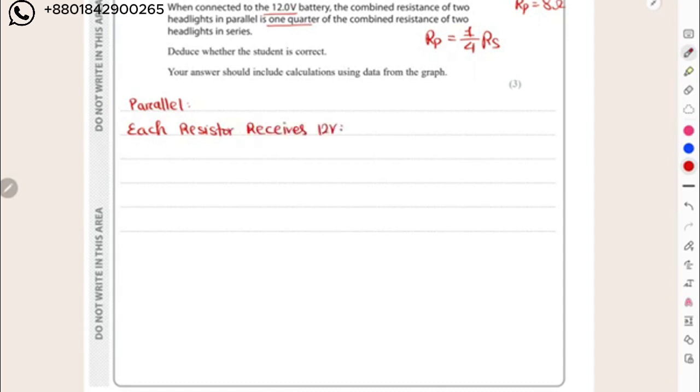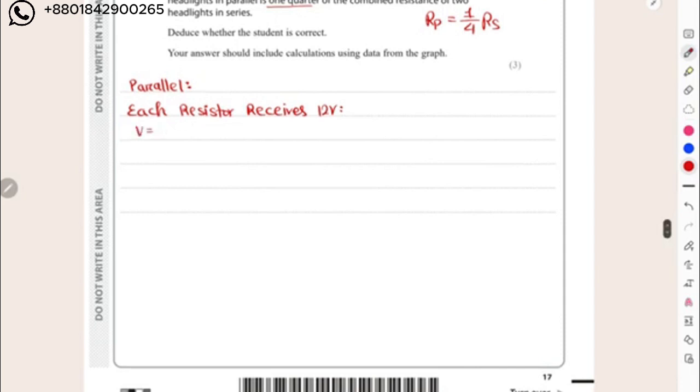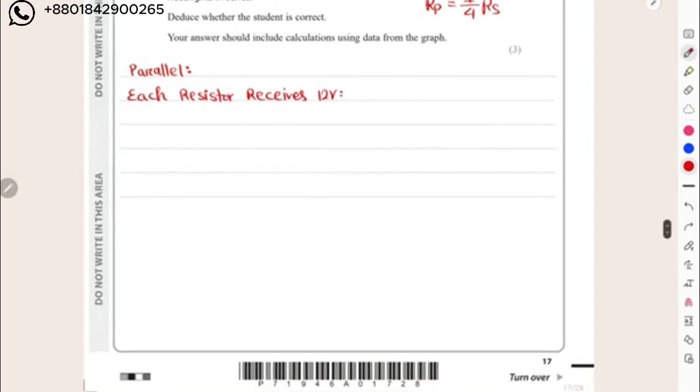From the graph we found out the current to be 4.6, and we can find out the resistance according to the equation V over I, which is 12 over 4.6, and that is almost 2.61 ohm.